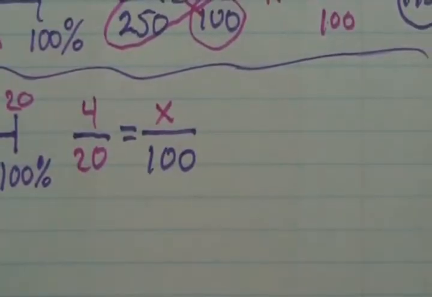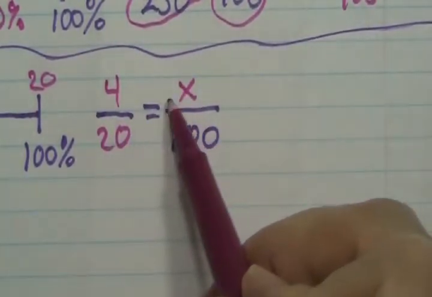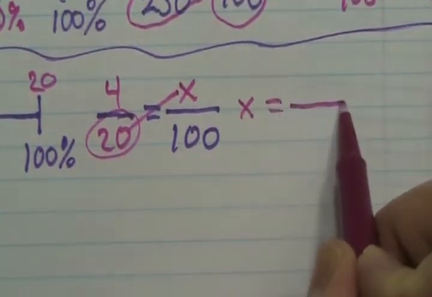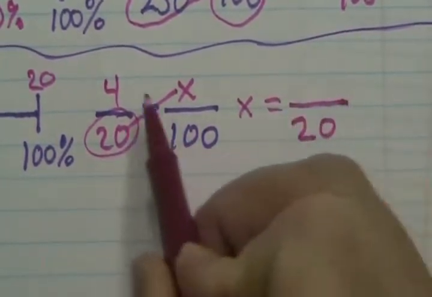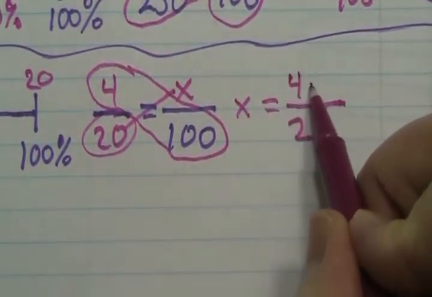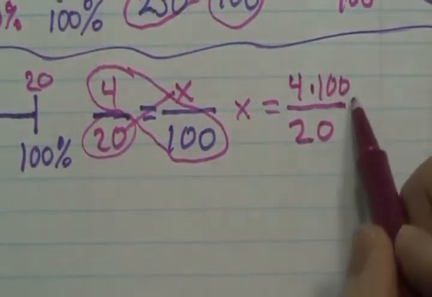Just going to slide it over. And remember, whatever's diagonal of x goes in the bottom. 20's on the bottom. The other two multiply on top. 4 times 100.